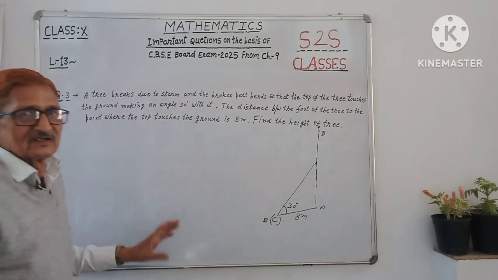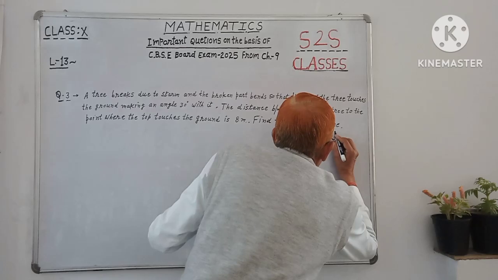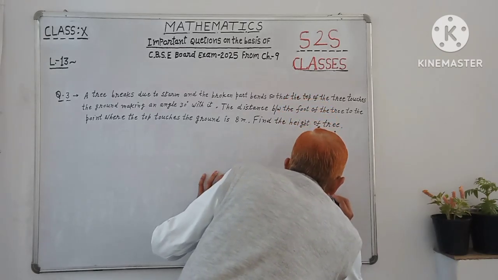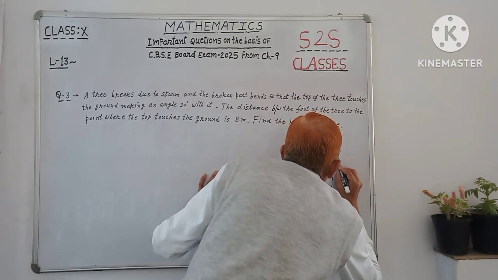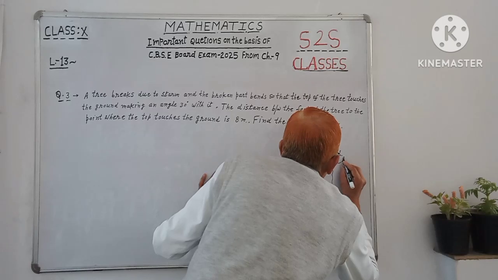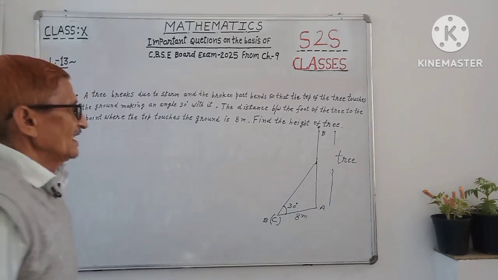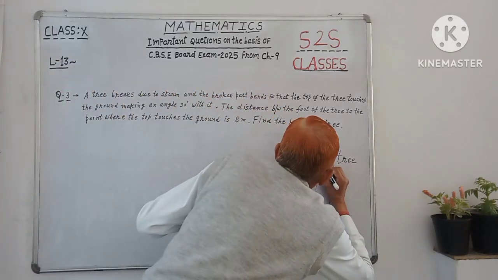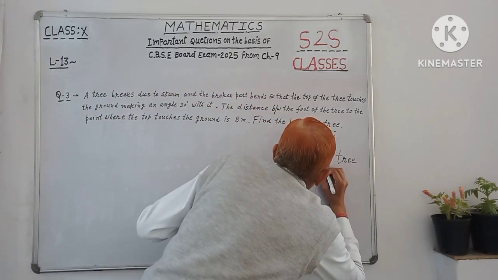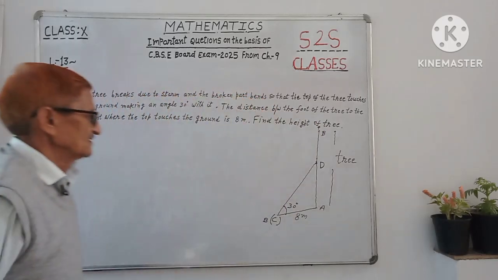This is the situation. This is the left original tree, this full tree, AB was the tree. Okay, full tree. Then from the point, let it be D, it bends.